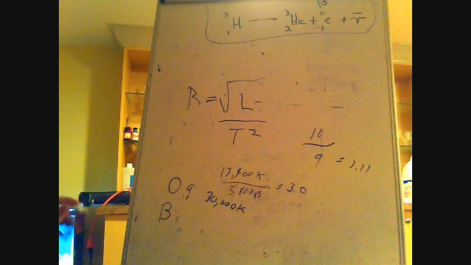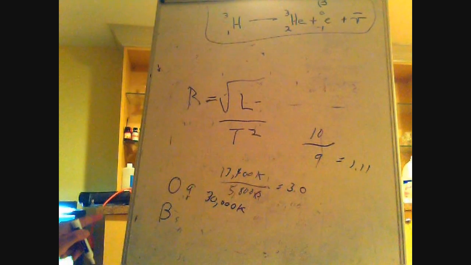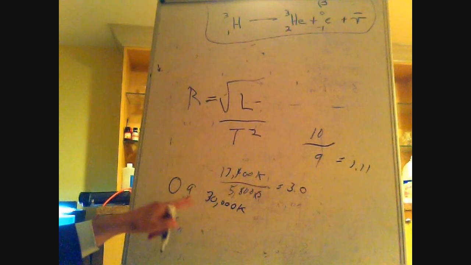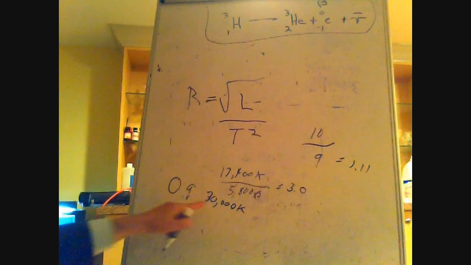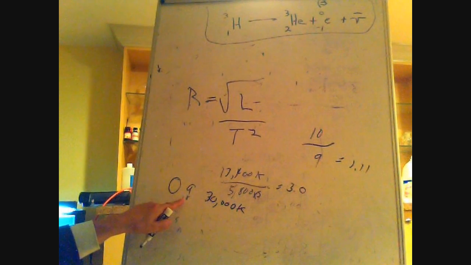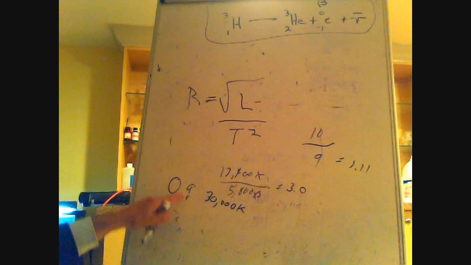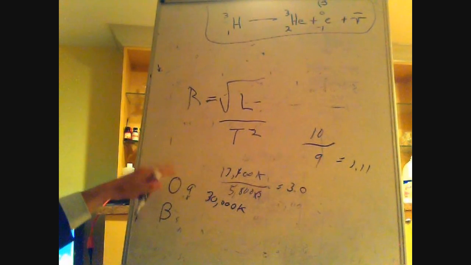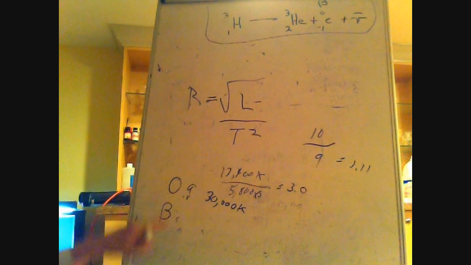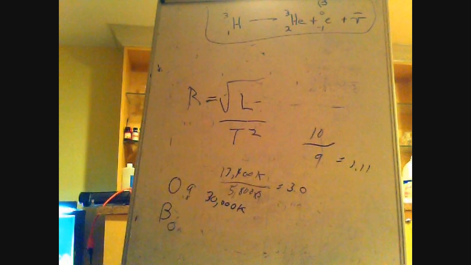An O9 is going to be hotter than a B star. But an O1 would be the hottest you could get. I don't remember whether this is the maximum or minimum; that might just be an average value. But O1 is going to be hotter than O2, which will be hotter than O3, and O9 will be the least hot on that scale, but an O9 will still be hotter than a B0.